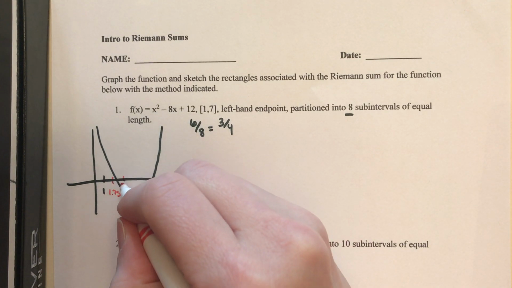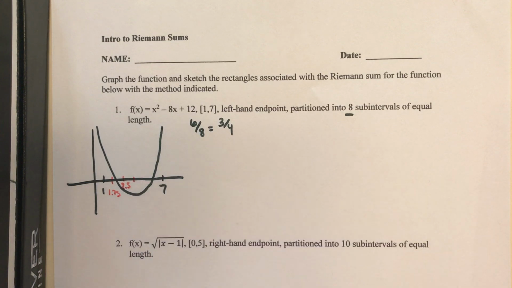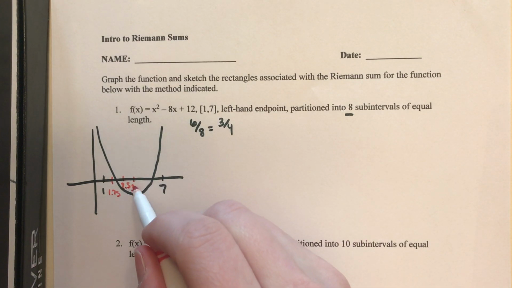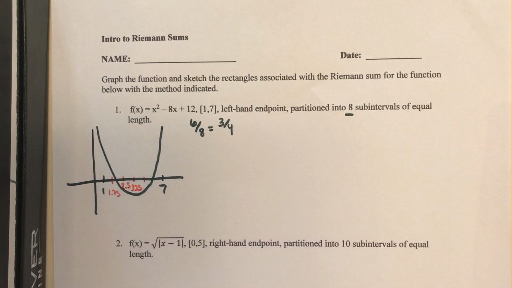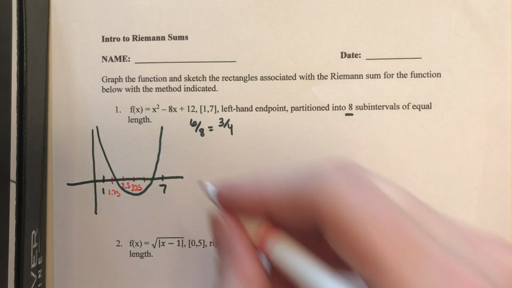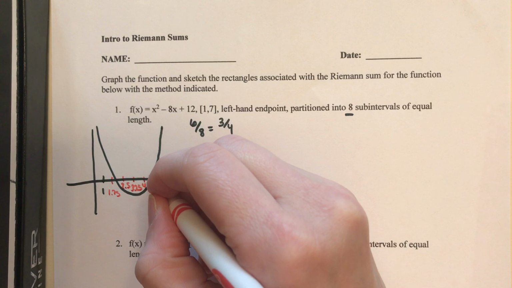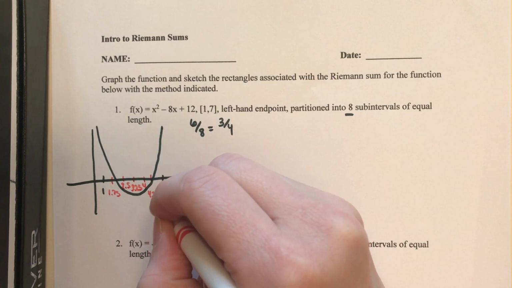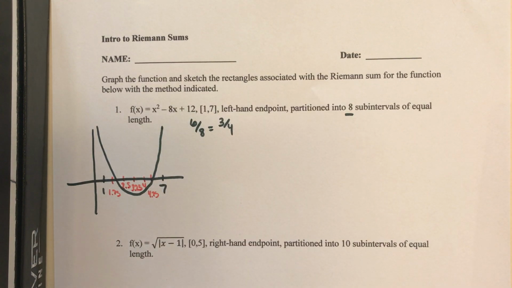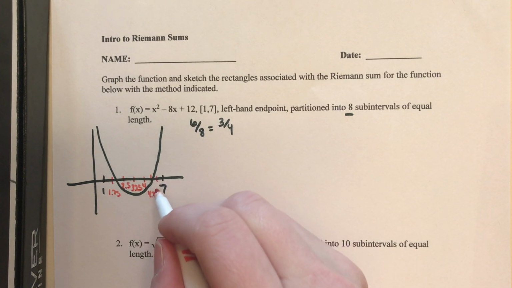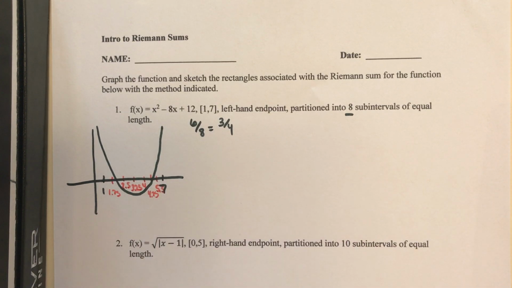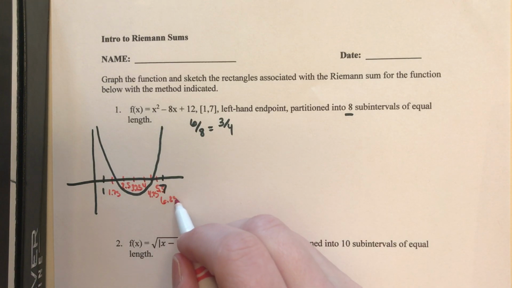Then we're going to have 2.5, 3.25, then we have 4, 4.75, 5.5, I'm running out of space, 6.25, and then 7.